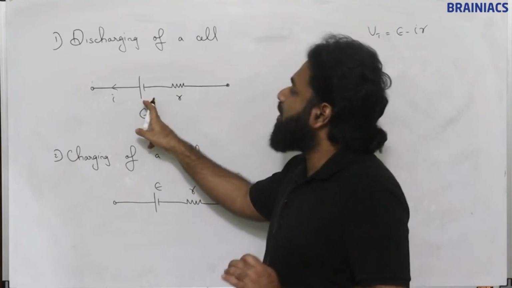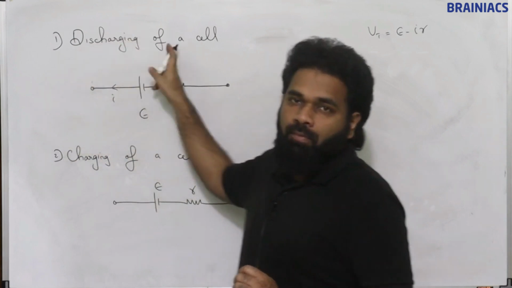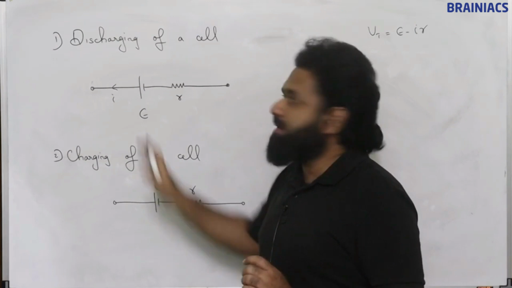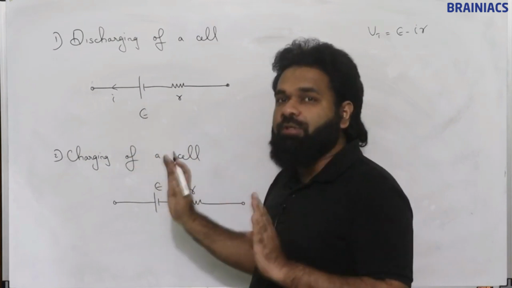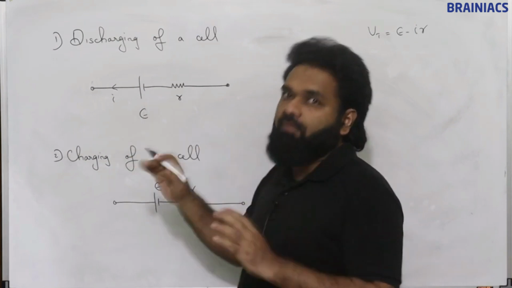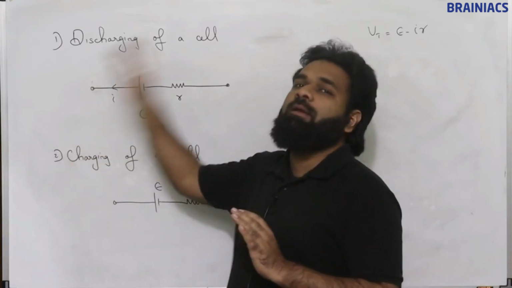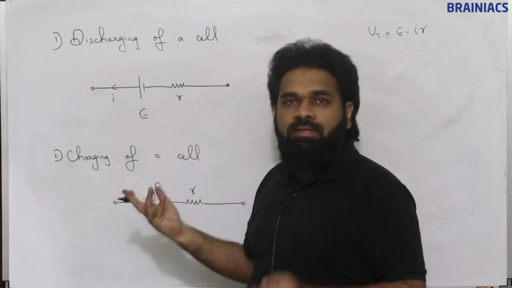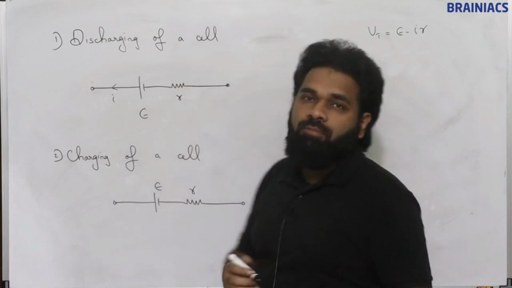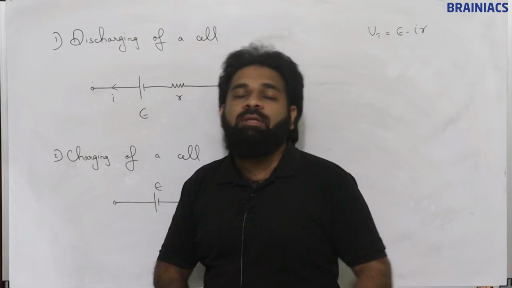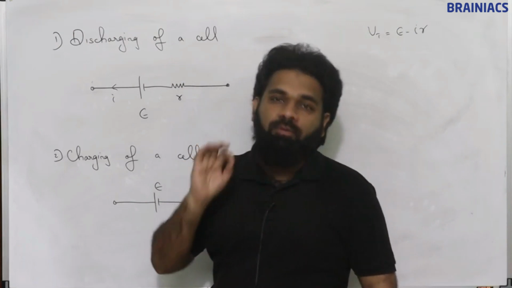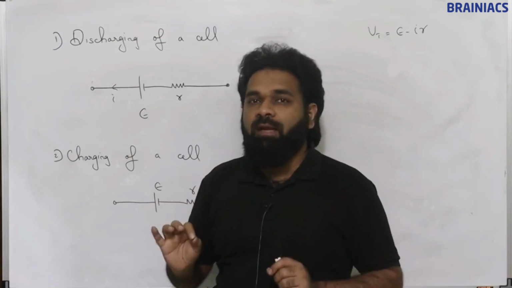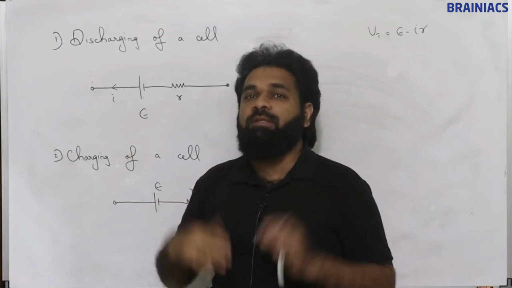That is, this cell will be supplying current to the whole circuit. Supplying current means it is giving energy to the electrons and making them pass through the circuit. So this is the same as discharging of the cell. On some occasions they will simply say that discharging of a cell is happening. But just by seeing that word, we need not get confused that this is something new.